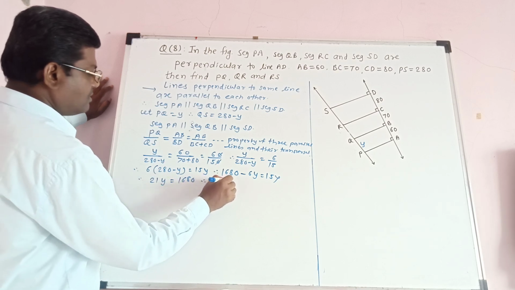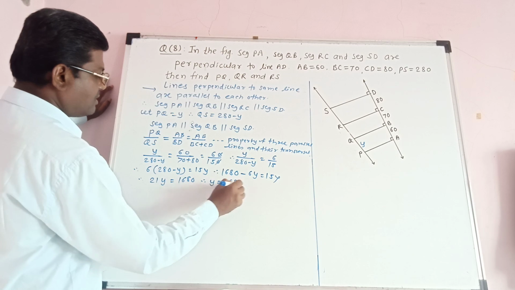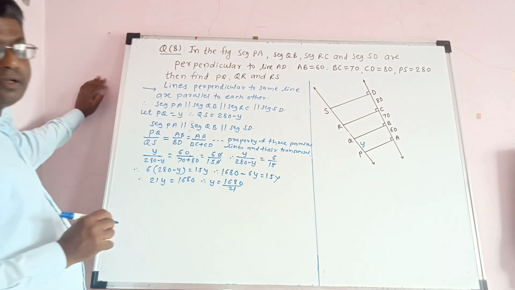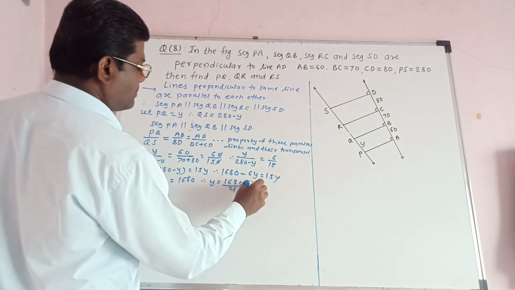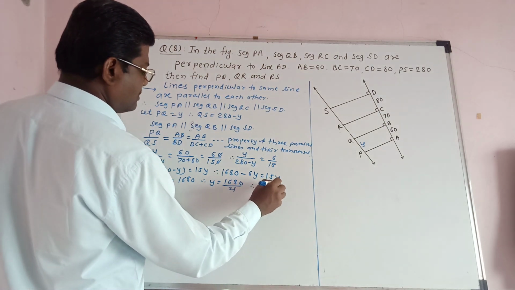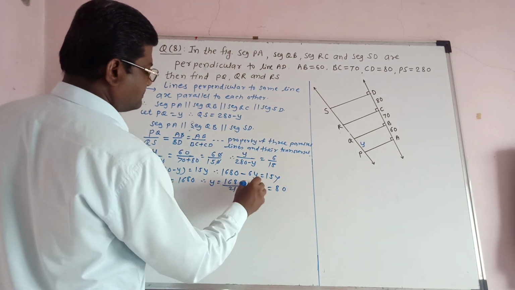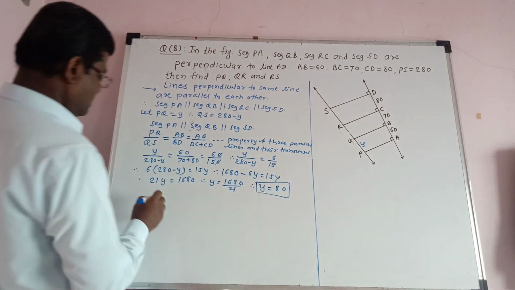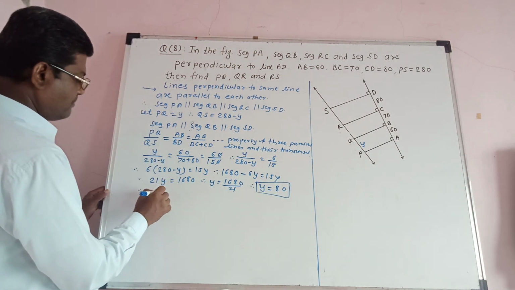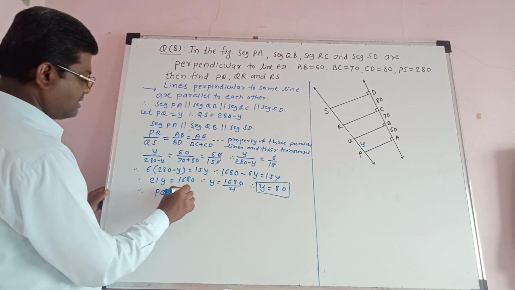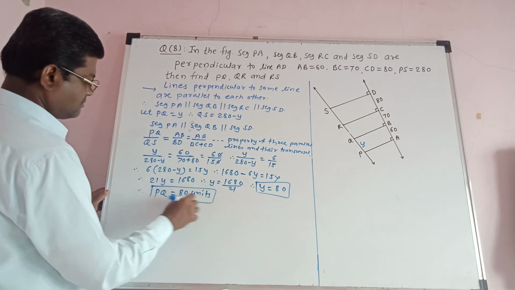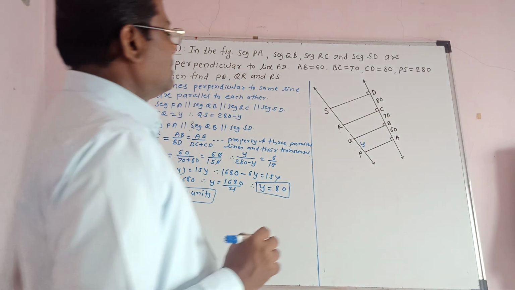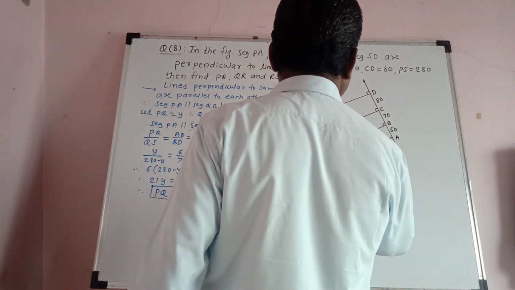Therefore, y is equal to 1680 upon 21. 21 eights are 168. Therefore, y is equal to 80. So we have the value PQ is equal to 80 units.